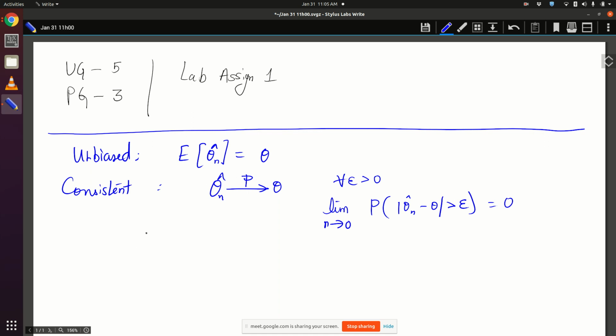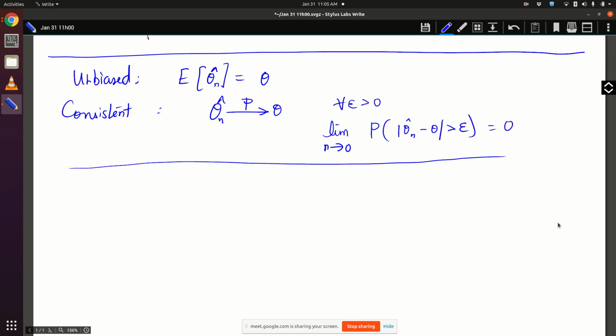Then we saw maximum likelihood estimators for two classes of problems. We saw it for the multinomial. In the multinomial, what is the problem? You are given data xi, i equal to 1 to n.